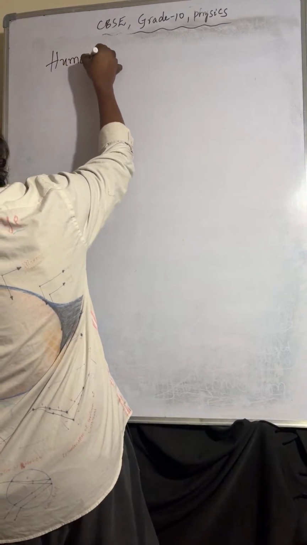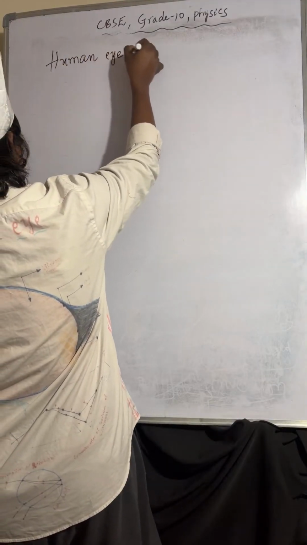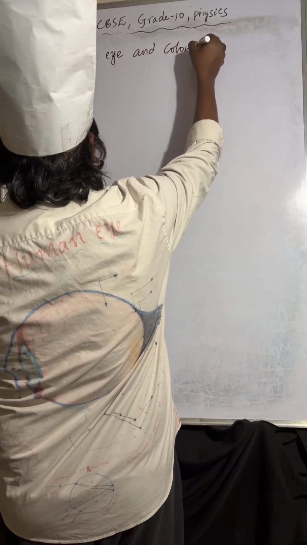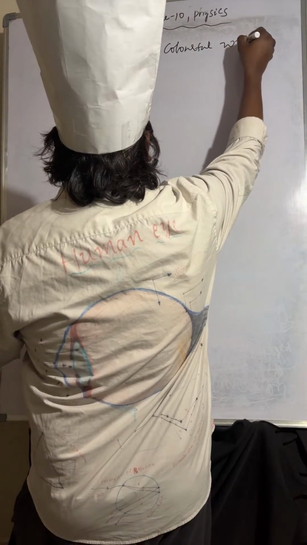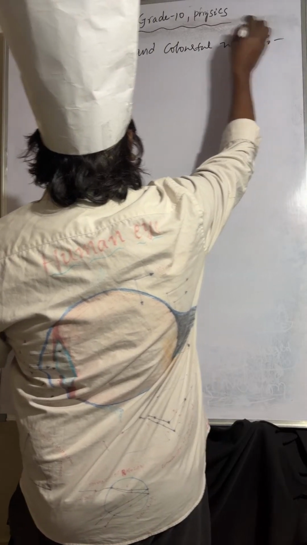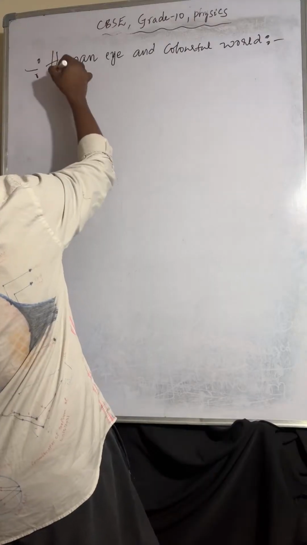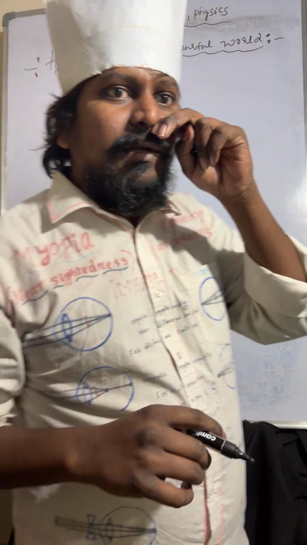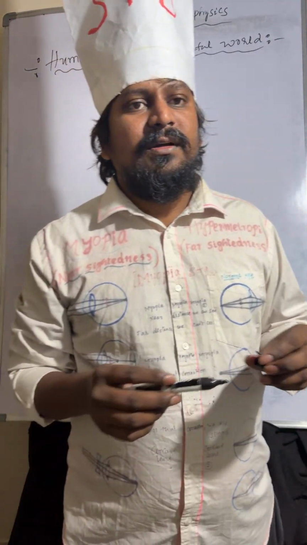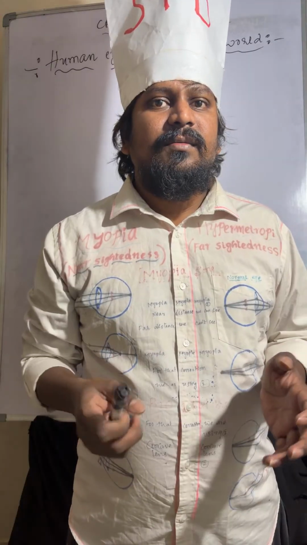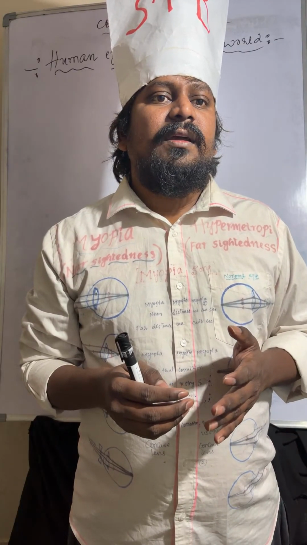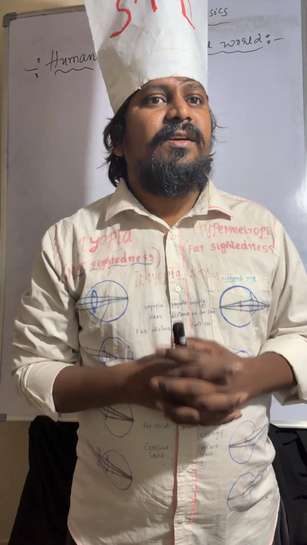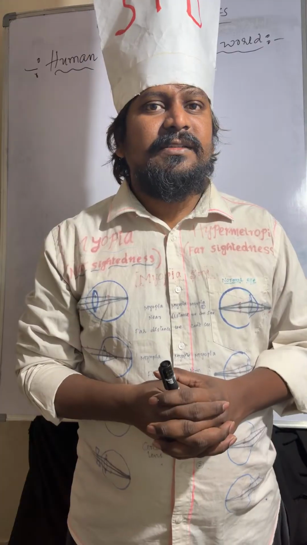In this chapter we will discuss the human eye parts. After that we will discuss refractive defects.